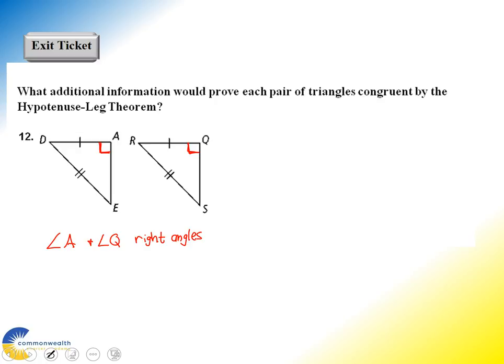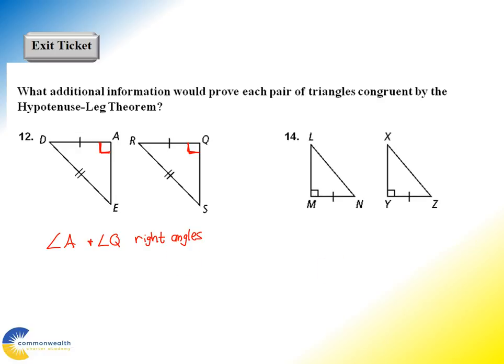Because if you don't have right angles in the triangle, they're not right triangles, therefore you won't have a hypotenuse, and therefore you can't have a hypotenuse leg theorem. The second one you were presented was this here. This one shows two right triangles. I have the legs here and here. So what I would need is to know that the hypotenuses are congruent.